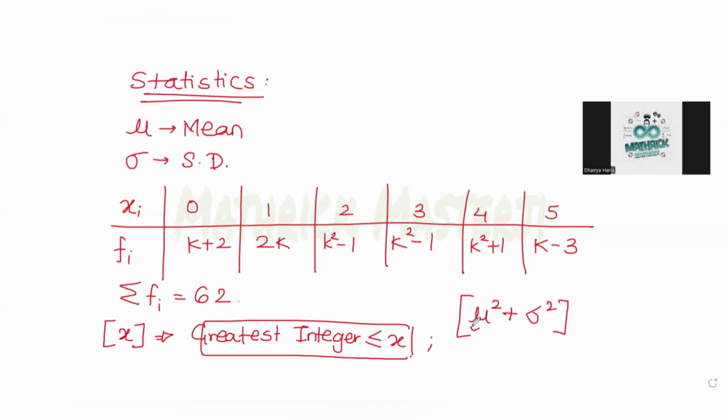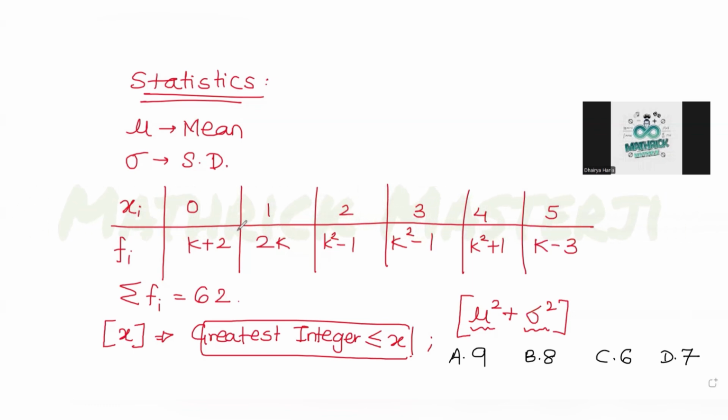That basically means you have to find the square of the mean and the square of the standard deviation. The answer choices given are 9, 8, 6, and 7. We need to figure out which one is the correct answer for this question.